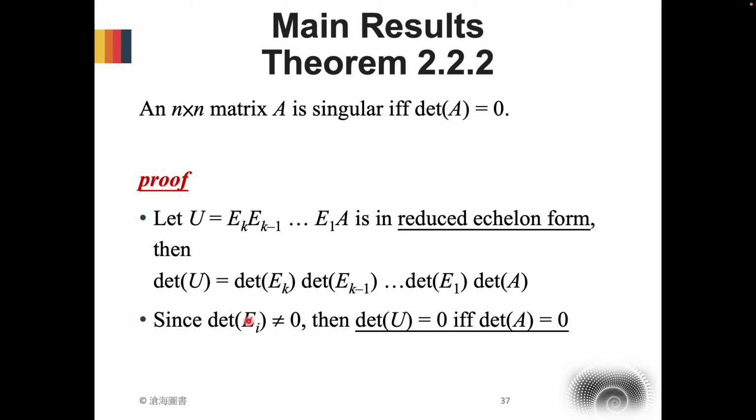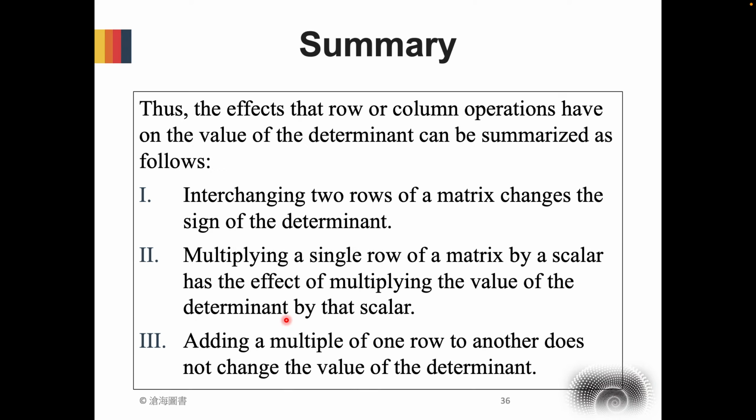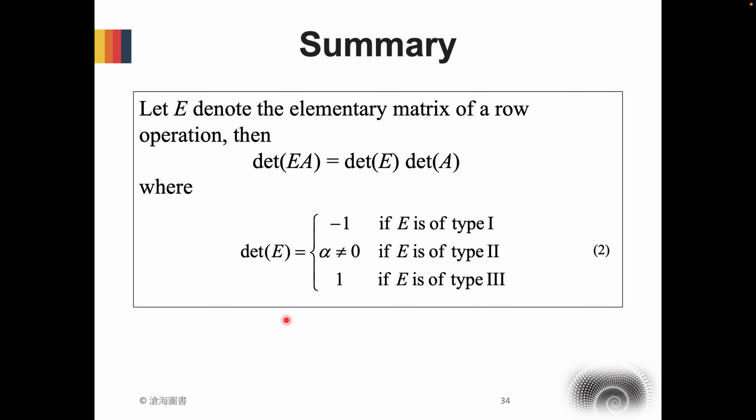And we know the determinants of all the elementary matrices are not equal to 0. The determinant of any type of elementary matrix is not equal to 0. It would be minus 1, or some non-zero value, or it would be 1.